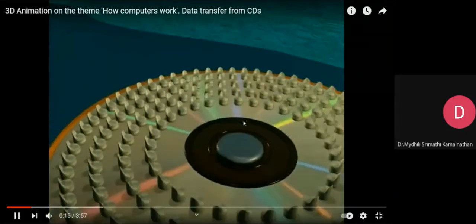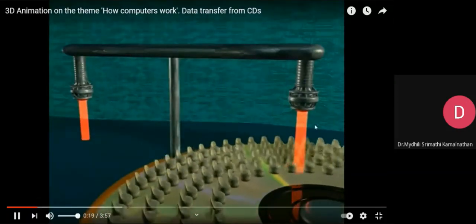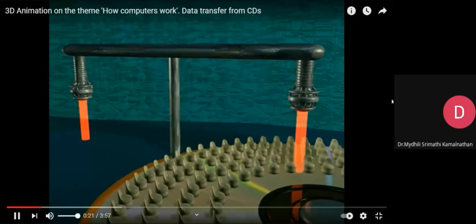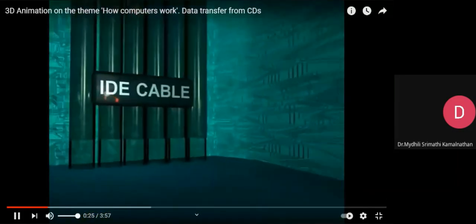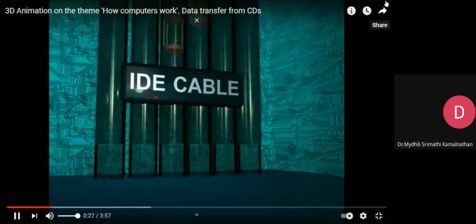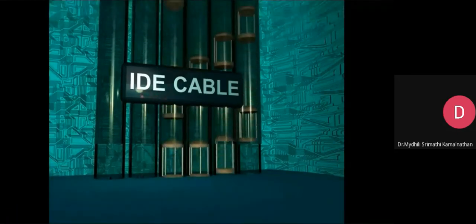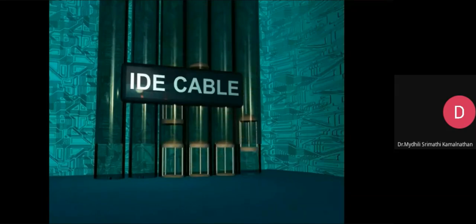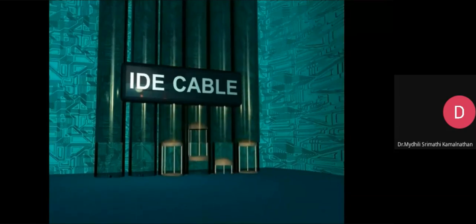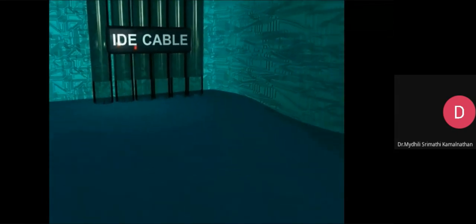These are used to store digital data. CD-ROM accesses the data on the CD with the help of laser beams. So data goes to a particular address location.